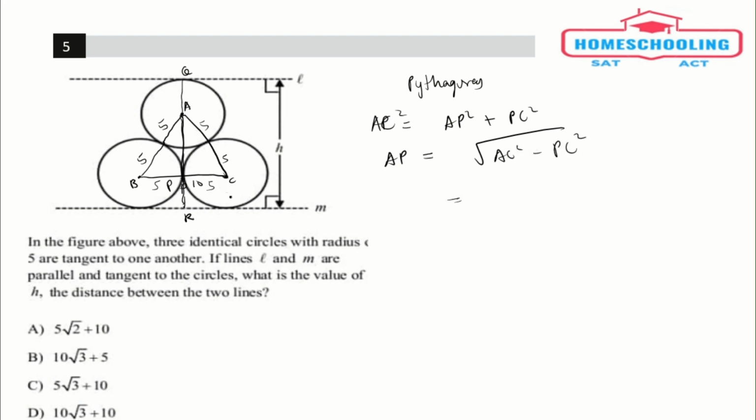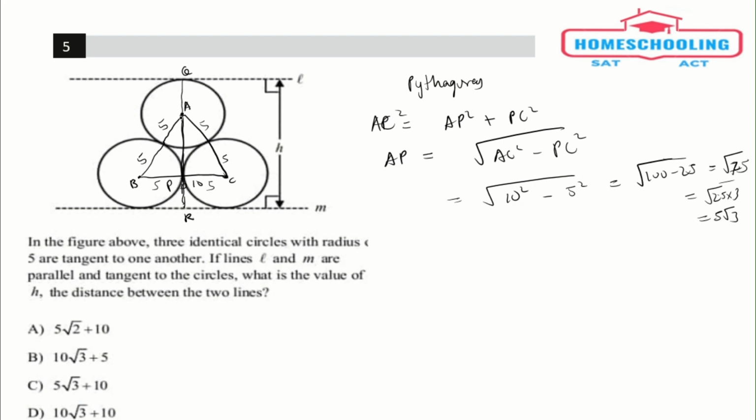We know AC, both are 5 plus 5, that is 10 square, and PC is the radius, so 5 square. So that would be 100 minus 25, which would be root 75. If we take root outside, it can be also done as 25 into 3, and we can take the square root of 25, so 5 root 3. So AP is 5 root 3.